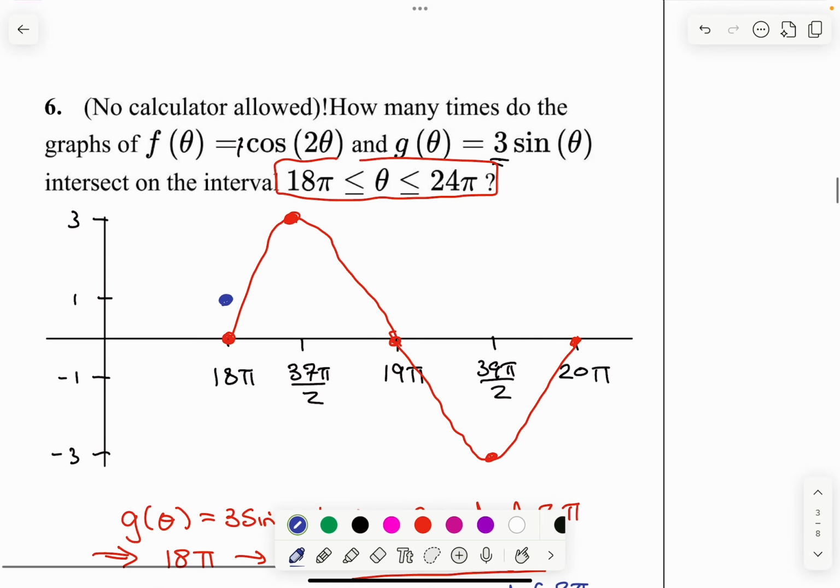It's going to do 1 full cycle from 18 pi to 19 pi, so I know that it's going to end up back here at a max at that moment. By symmetry, it must go down to -1 here. So that's 1 cycle. And then I'm going to do 1 more cycle by the time we get here.